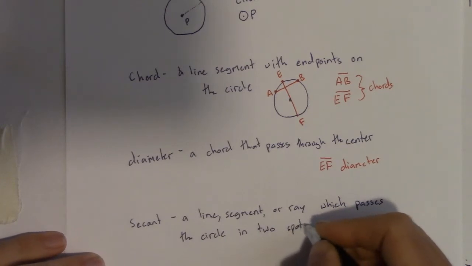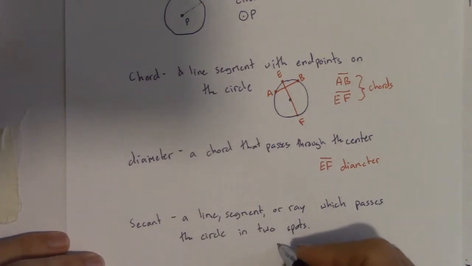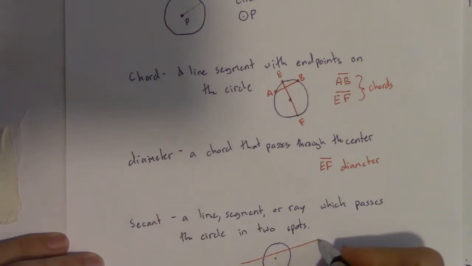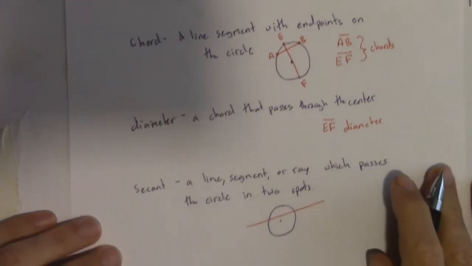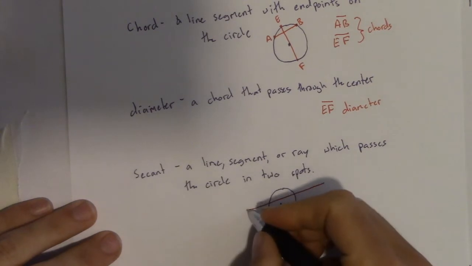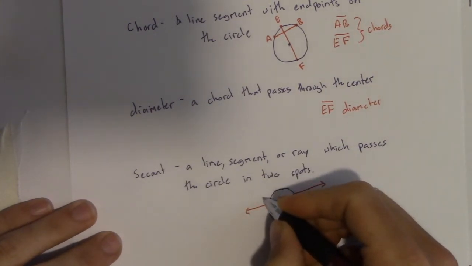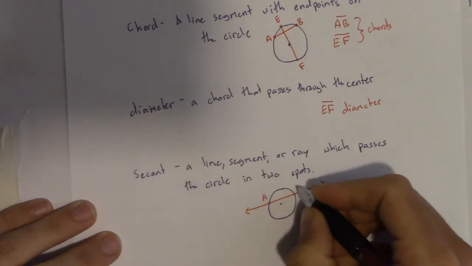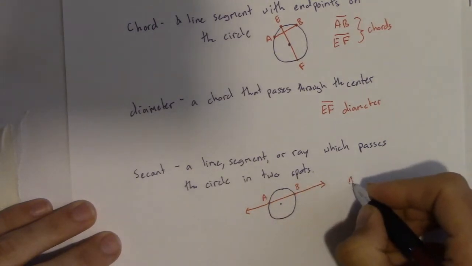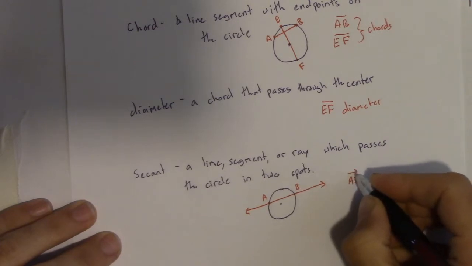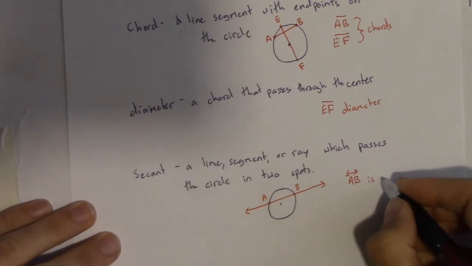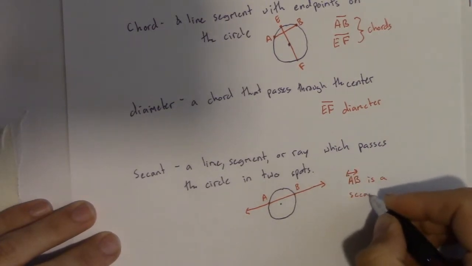And so the idea here is now it's no longer defined to just stay in the circle, but now extends outside. So I might have something that looks like this. That would be a secant segment. Now the moment I put little arrows on the end, all of a sudden I've got a secant line. So if I call this A and B, I would say that AB is a secant line.